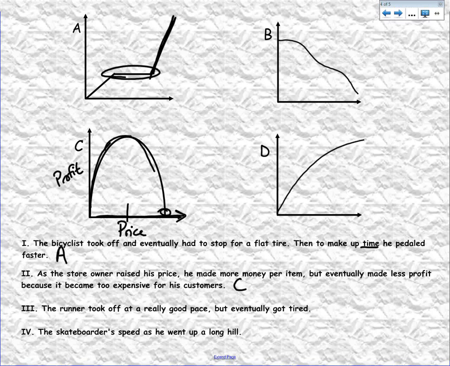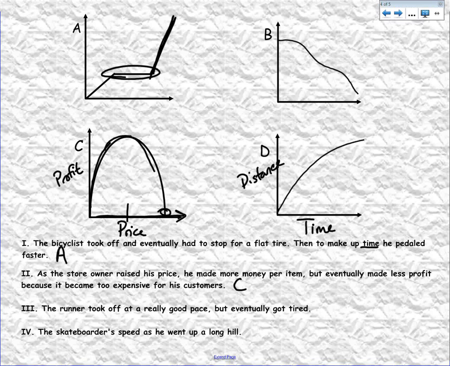All right, third one, the runner took off at a really good pace, but eventually got tired. Which one looks like a slowing down pace? And again, we need to think of our two variables here. I'm thinking it's going to be time and distance again. Time, distance, D makes the most sense to me.